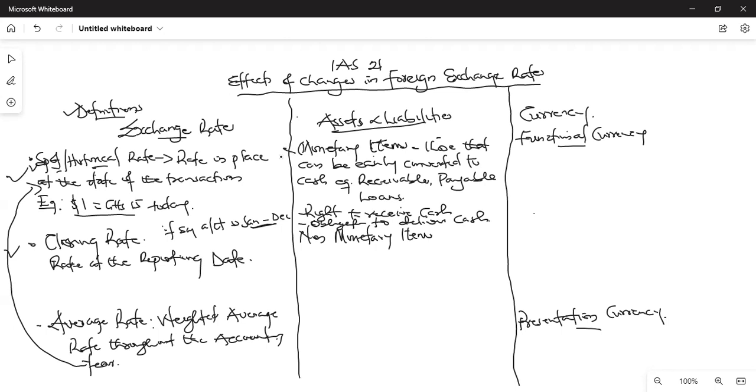Coming here to look at the non-monetary items, we are saying that non-monetary items are items that give no rights to receive or deliver cash.